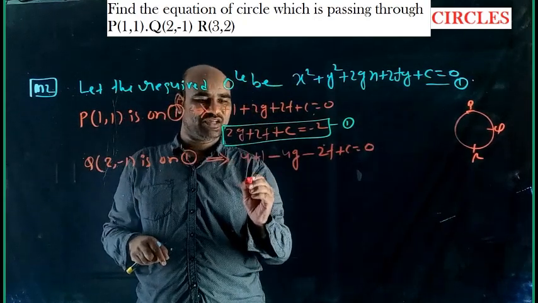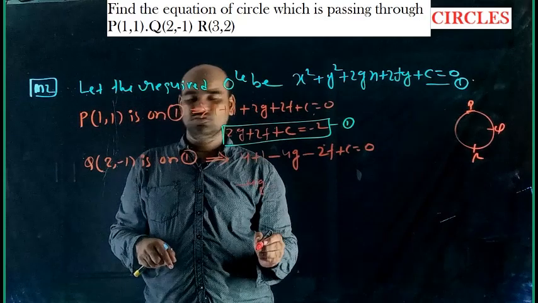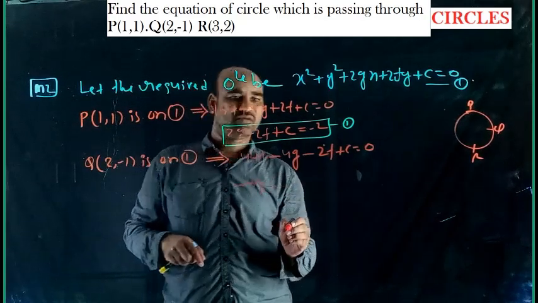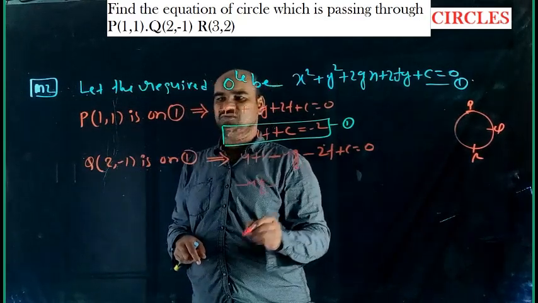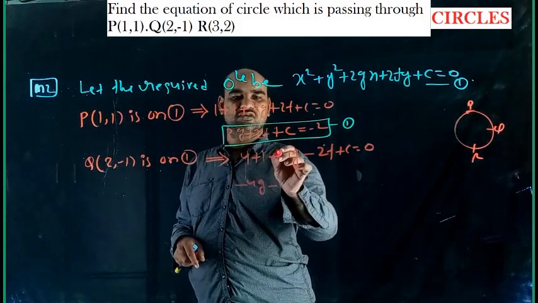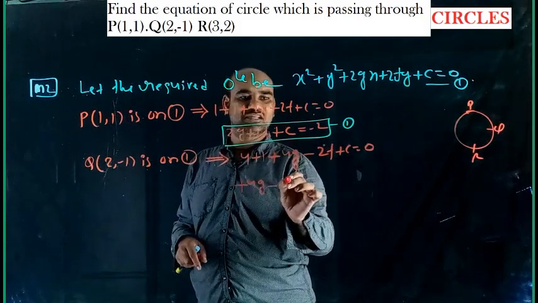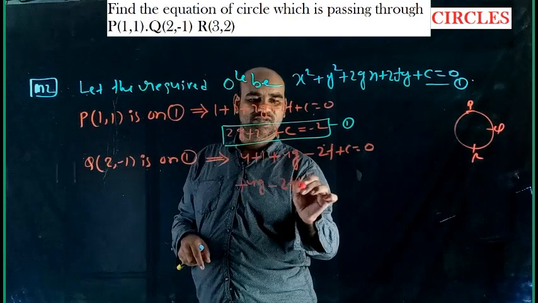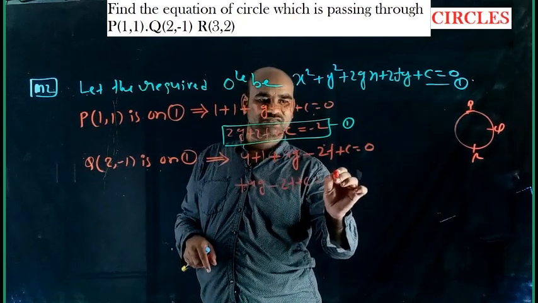Plus 4g only. So 4g minus 2f plus c equal to minus 5.